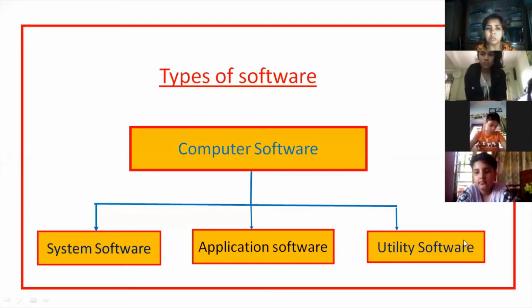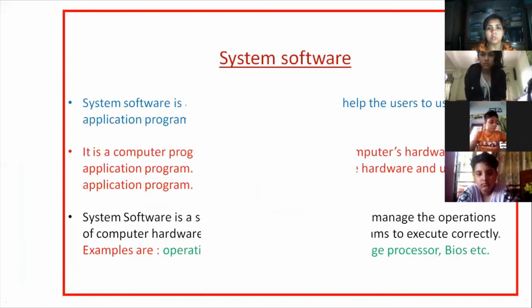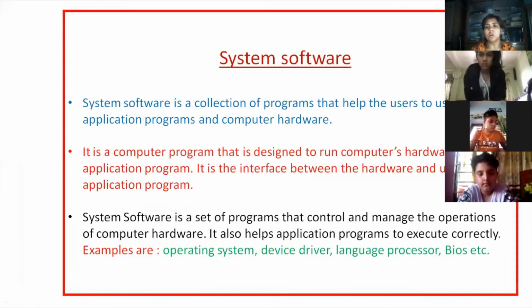Okay. Now I'm going to start the definition of system software. Just keep it in your mind that system software is the main software of the computer, which makes the computer functional. Got it? These definitions are very long, but the main concept of system software is that it is the main software of the computer which makes the computer functional.